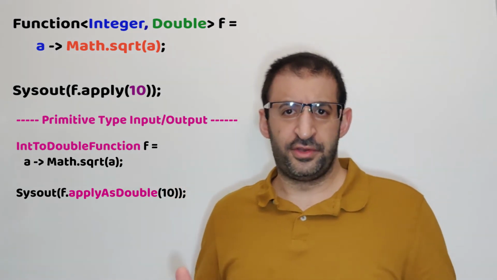Okay, you can have, of course, a lot of primitive type function interfaces related to Function. Okay, I repeat, I hope that you have understood this concept. You must be familiar with this. Okay? It's very, very important.